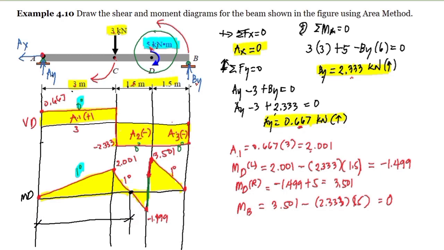As you can see here, if we consider this as x, the total is 1.5, so this part here is 1.5 minus x.